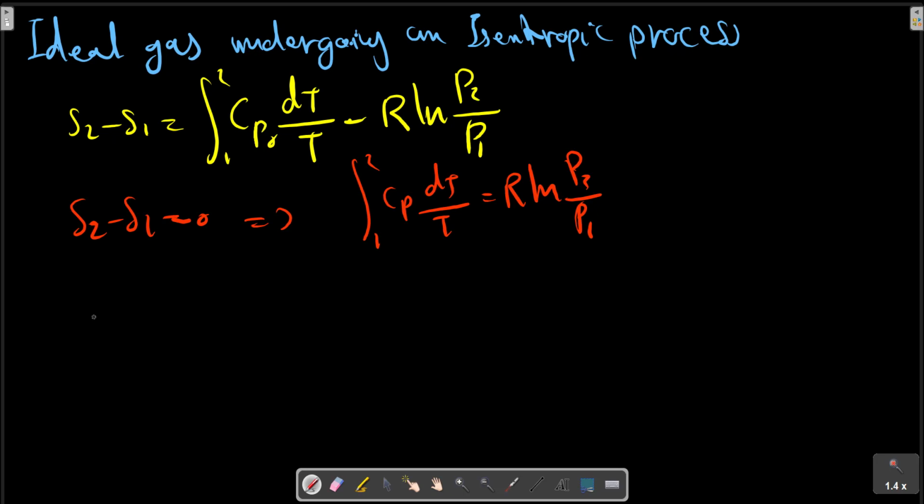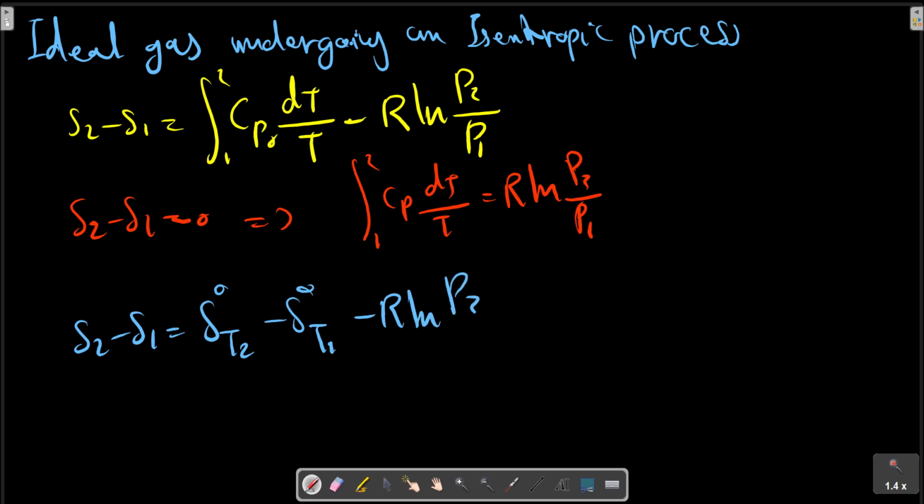Using the standard entropy, S0 T2 minus S0 T1, the following result can be obtained.